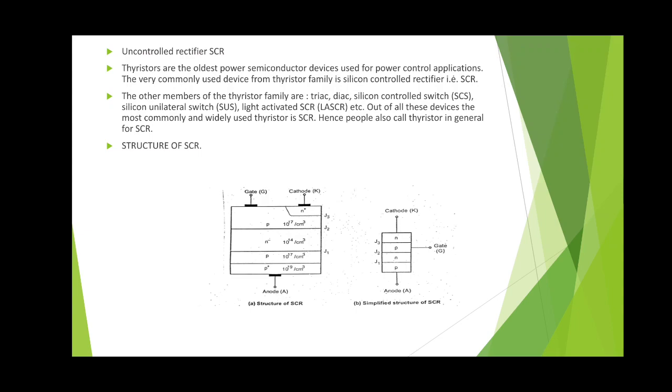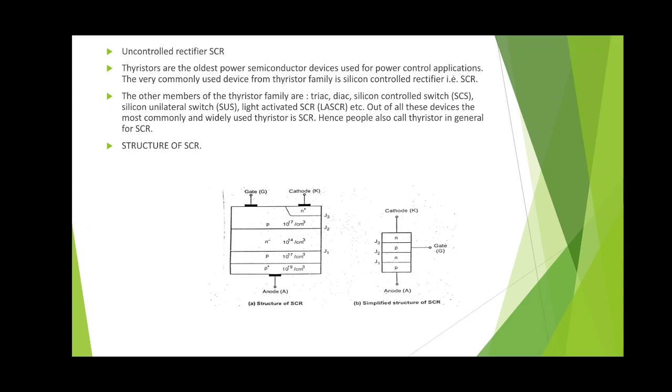Then there are 3 junctions J1, J2, J3, and 3 terminals, that is the anode, gate and cathode. Students, we have to keep this diagram in mind when we discuss the VI characteristics and then the operation of the SCR. So this is the simple diagram. We have to keep this diagram in our mind for the further answers also.